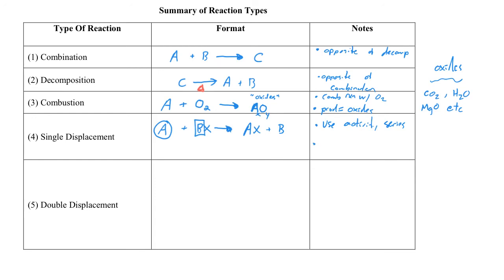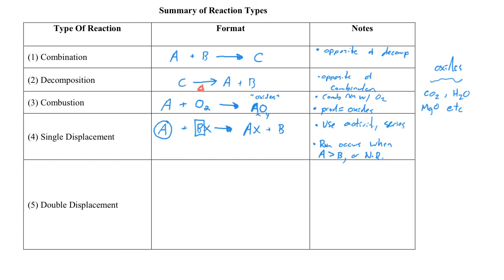And we use the activity series to predict when a reaction will happen or when it won't, based on the relative activity of A or B. So the reaction occurs when A is higher in activity than B. Otherwise, no reaction takes place. So if B is greater in activity than A, then no reaction. Okay, so that's the single displacement reaction.